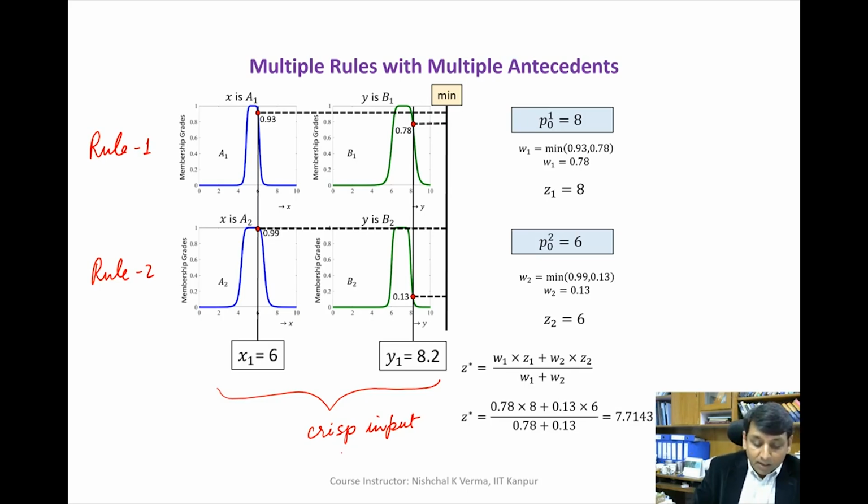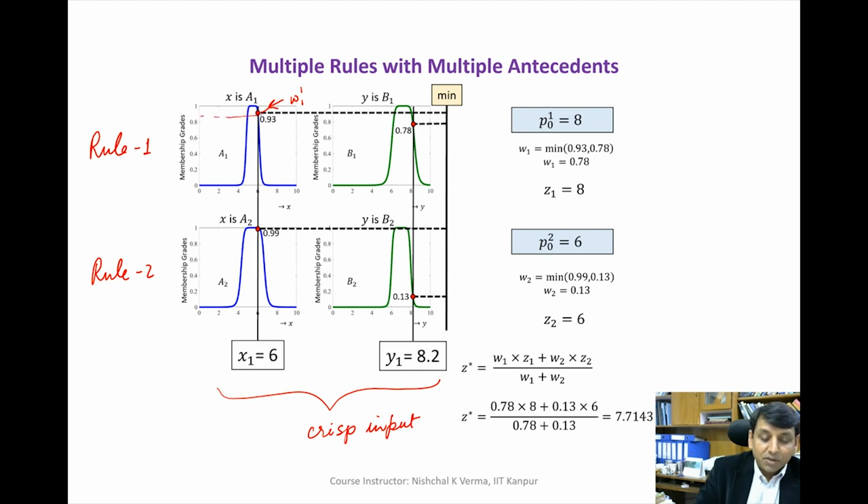So for x1 equal to 6 and y1 equal to 8.2, let's first find, using the first rule, W11, which is the intersection point. Corresponding to x1 equal to 6, it is cutting A1 at a membership value of 0.93.